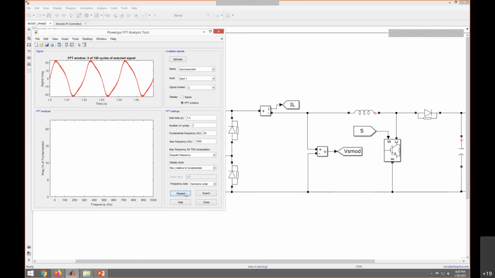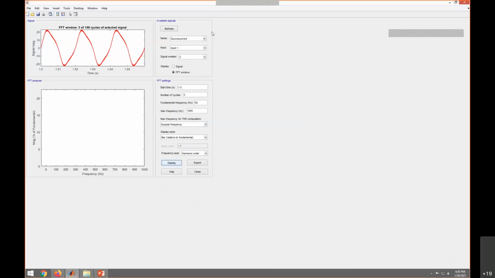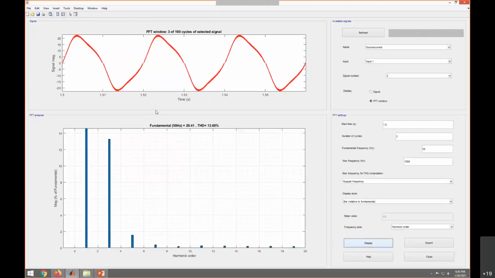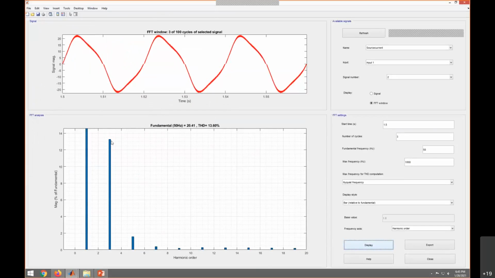If you notice, the THD is around 13.6%, and you have this larger third order harmonic, roughly greater than 13%. Again, you have small values of the fifth order, seventh order and ninth order harmonics. These values are relatively small, but the dominant one is the third order harmonic.